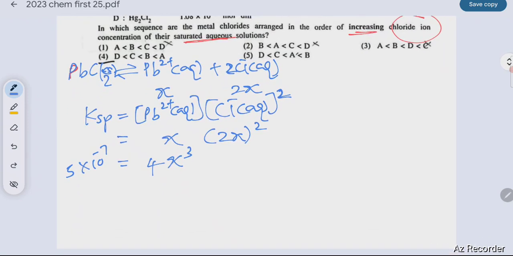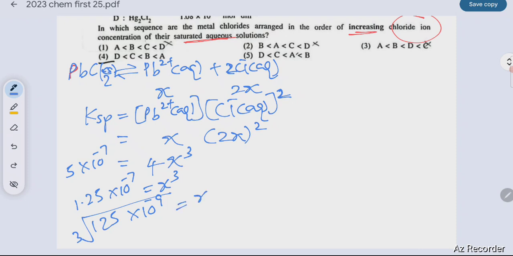Now 5 into 10 to the power minus 7, if we divide this by 4, we are getting 1.25 into 10 to the power minus 7 equal x to the power 3. Then in order to get the cubic root, I can make it like this and get the cubic root. Then I am getting 5 into 10 to the power minus 3 moles per dm cube.